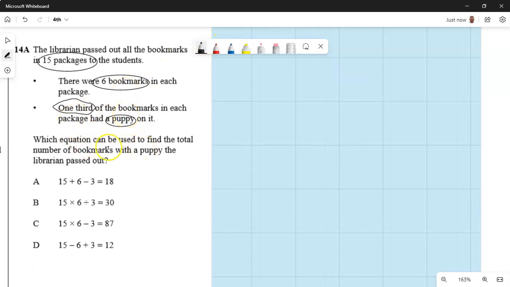What it's asking us to find out is which equation can be used to find the total number of bookmarks with puppies the librarian passed out. So look for the ones with puppies.